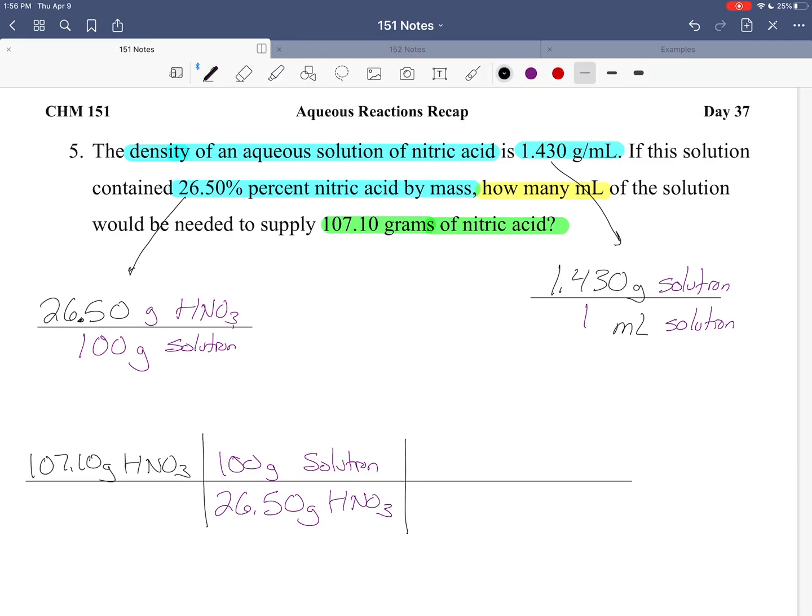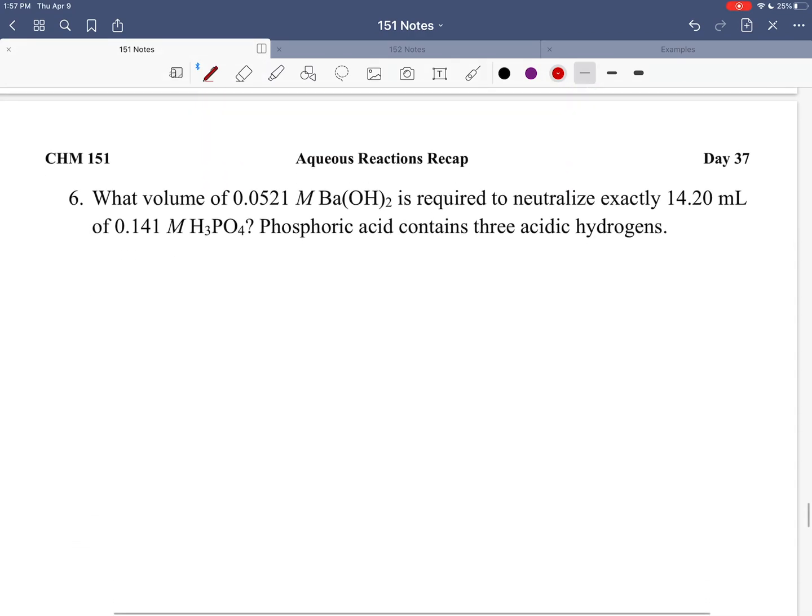Then grams of solution have to go on the bottom, and I have 1.430 grams of solution from the density per 1 milliliter of solution. And now I'm in milliliters of solution. I actually have 4 sig figs, so that's 282.6 milliliters of solution. There we go. And there's 5.